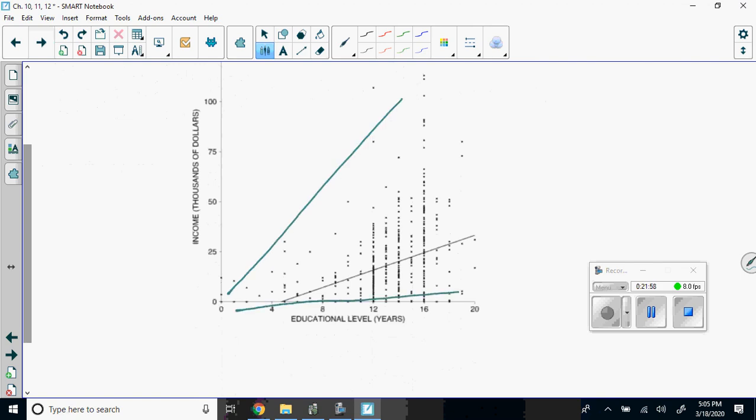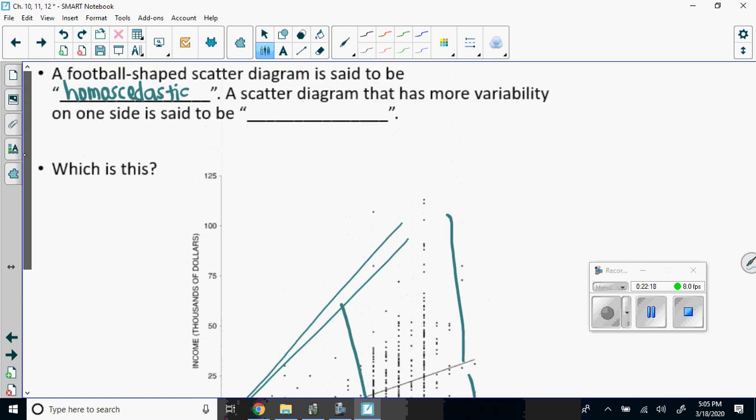Variability means how different it is. As we go along, the error here is pretty small, then here it's medium size, and then it gets really big. The error is increasing. The residual, how far away it is from the line, is increasing as we go to the right. That is called heteroscedastic.